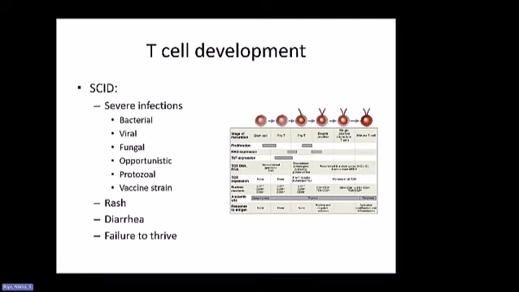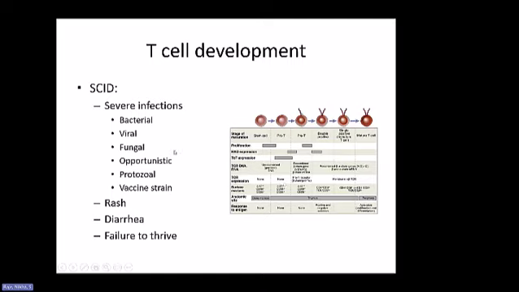So let's think about those stages again, right? So thinking about where some of these molecules are expressed in the T cells during what kind of maturation stage. The T cell maturation will be arrested at that stage if there is a defect in that molecule.